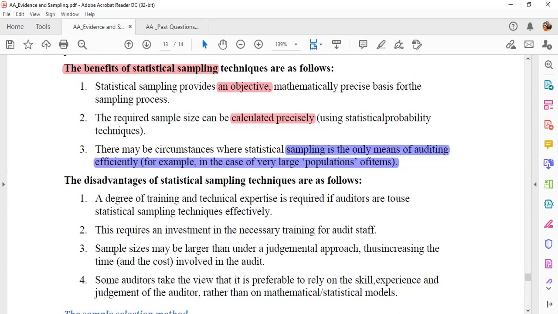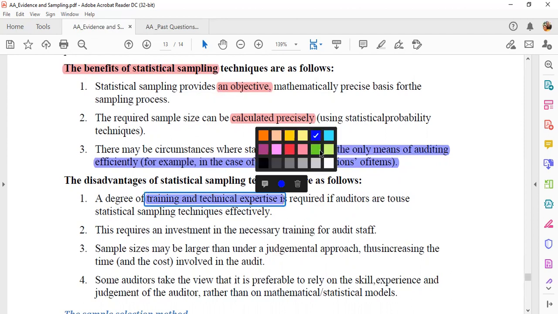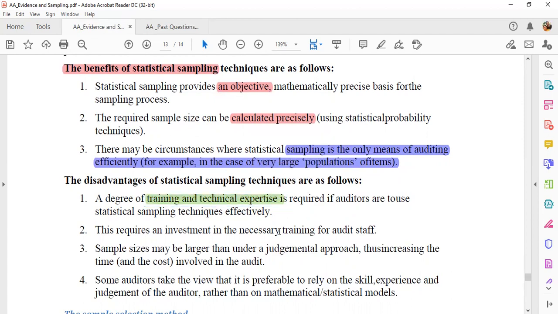You have to be an expert to be able to use this particular method of sampling. This requires an investment in the necessary training for audit staff, and what we are talking about here is cost. Because when you give training, it is not through word of mouth; there is money attached to it.